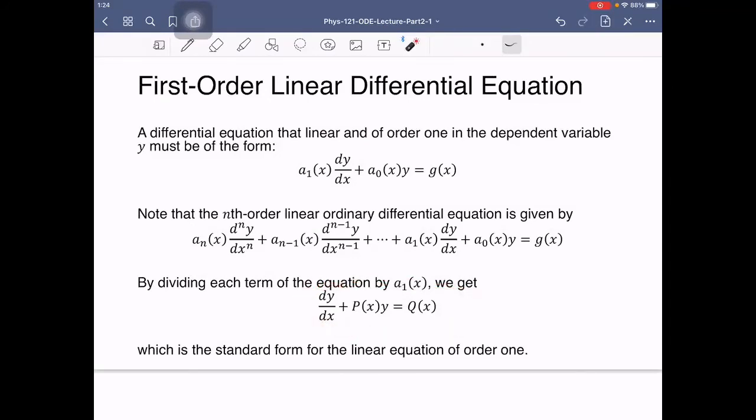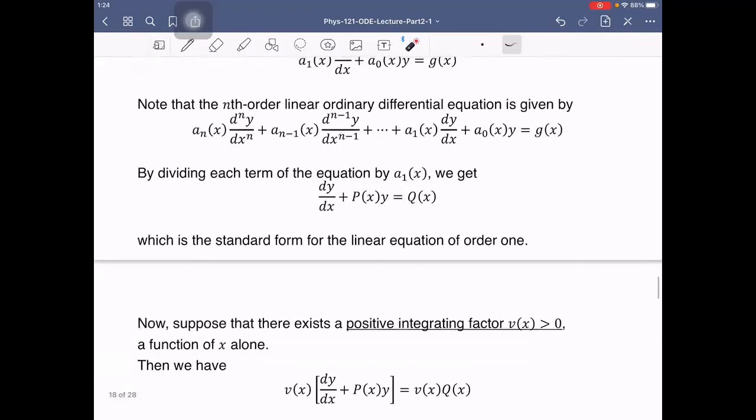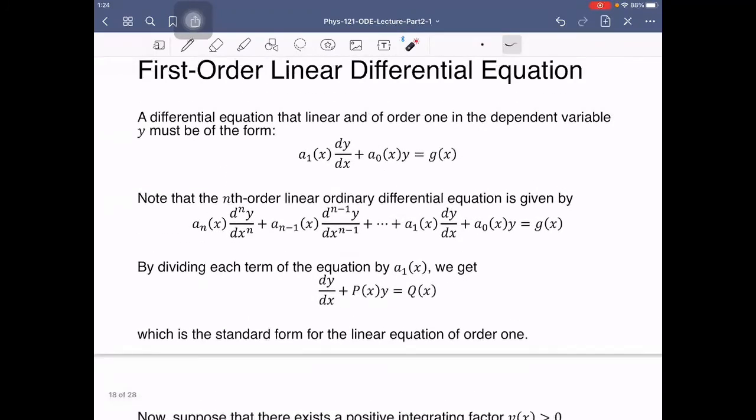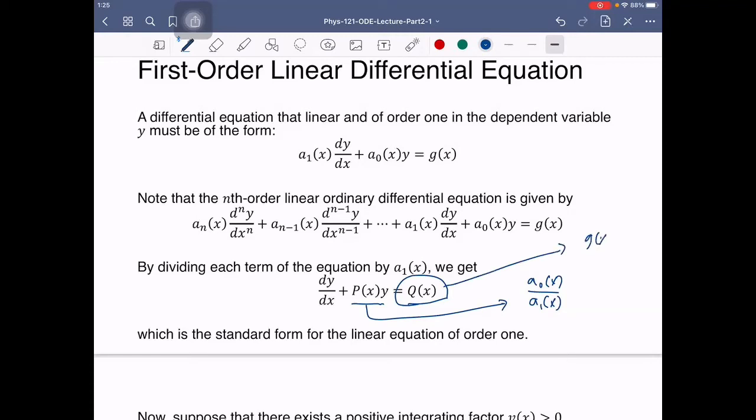So, where yung p of x, okay, is just a sub 0 of x over a sub 1 of x. And of course, yung q natin is just g of x over a sub 1 of x. Okay?